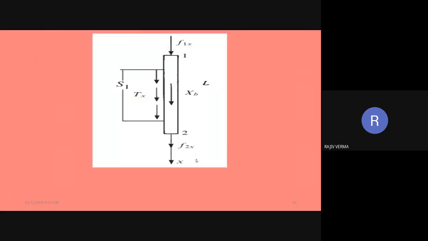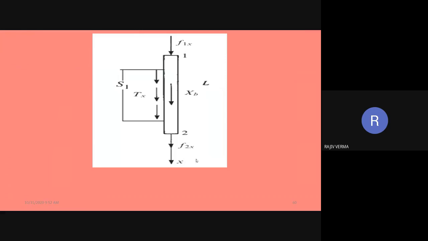For the derivation, we are taking a case of a bar element. A bar element is represented by a single line. It has two nodes at its ends because we are taking a linear element: node number 1, node number 2.